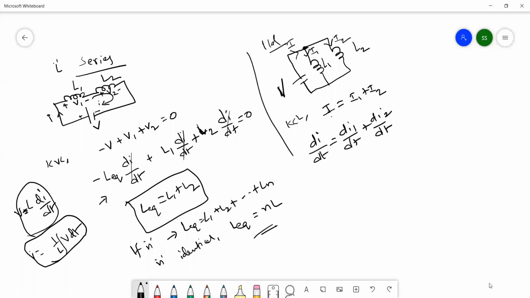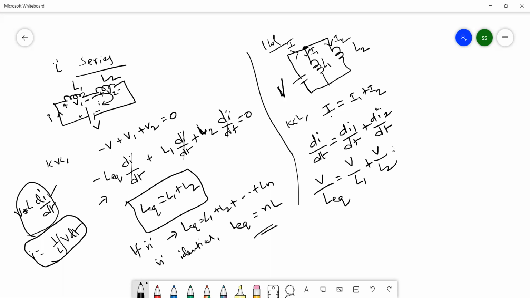So from this formula, dI by dt is V by L, that is the total, equal to V by L1 plus V by L2, because I2 is the current passing through L2.